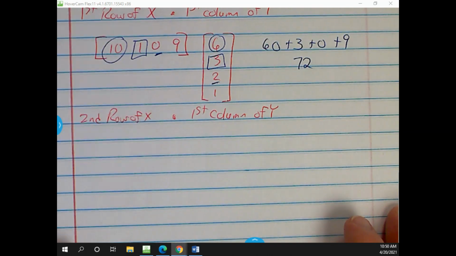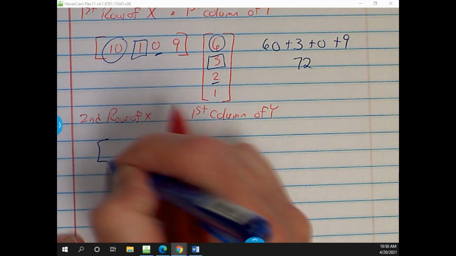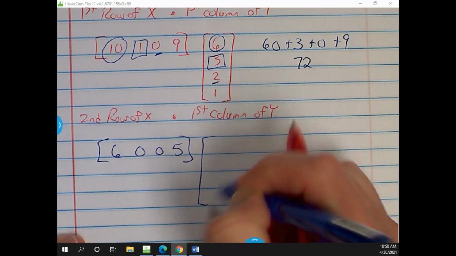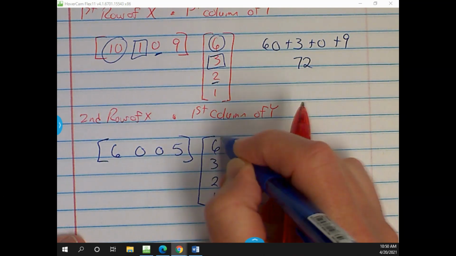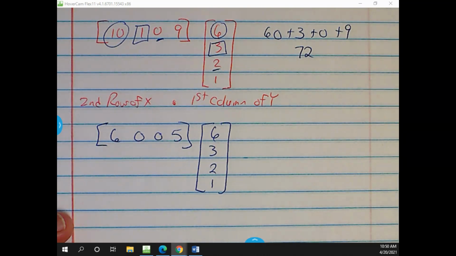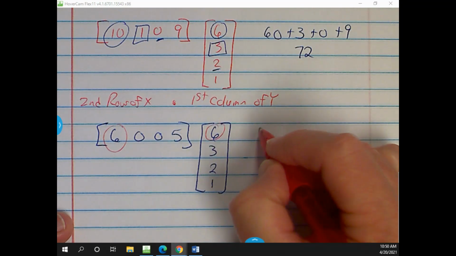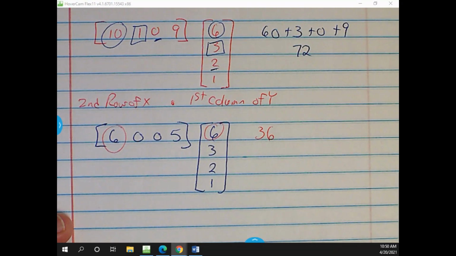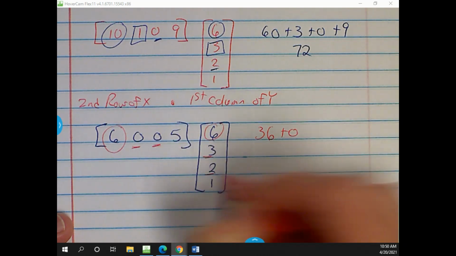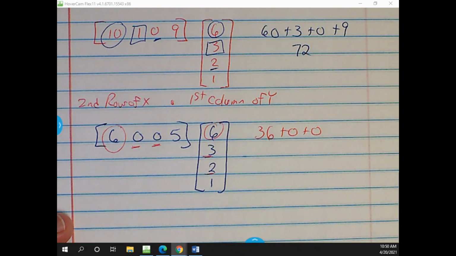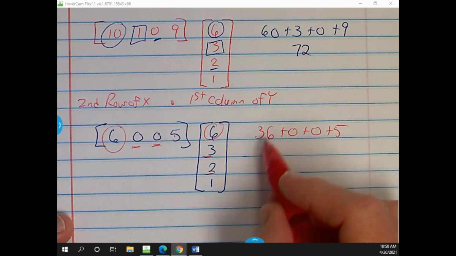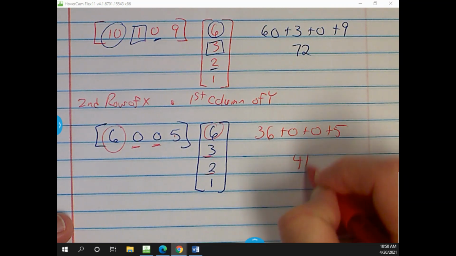So 6, 0, 0, 5 times 6, 3, 2, 1. So we got 6 times 6 for 36. The zeros make it a little easier because 0 times 3 is 0. 0 times 2, also 0. And then for the last one, 5 times 1 would be 5. So that's 36 plus 5, so that would get us 41.